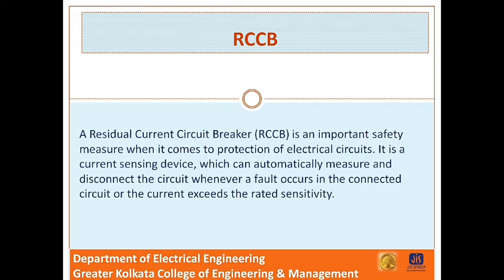One cannot afford to be negligent when it comes to insulating equipment. RCCB is an important safety measure for the protection of electrical circuits. It is a current sensing device which can automatically measure and disconnect the circuit whenever a fault occurs in the connected circuit or the current exceeds the rated sensitivity.